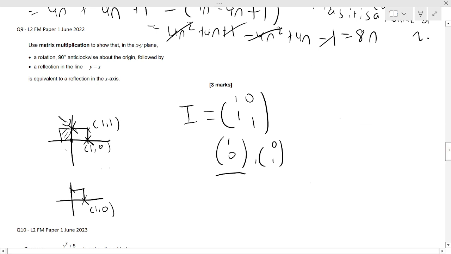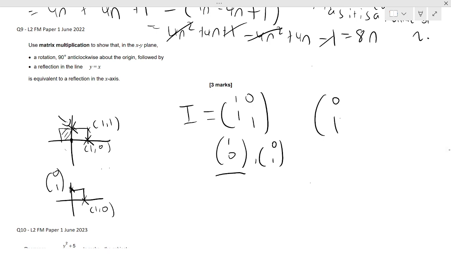If you can visualize it when you rotate at 90 degrees, that new point is going to be 0 in the x and 1. So it goes to 0, 1. Well, that'll be the first part of the matrix.